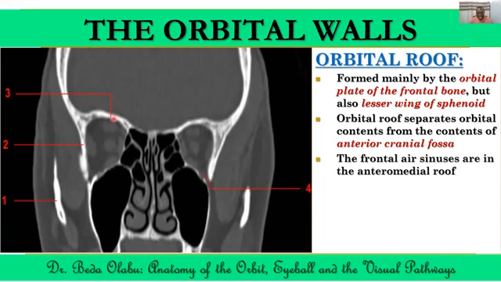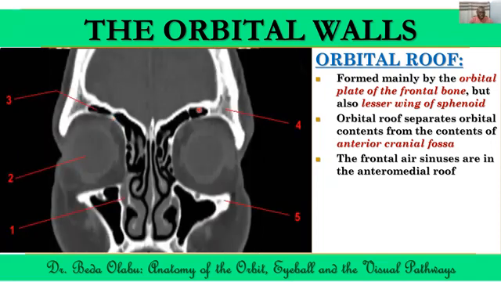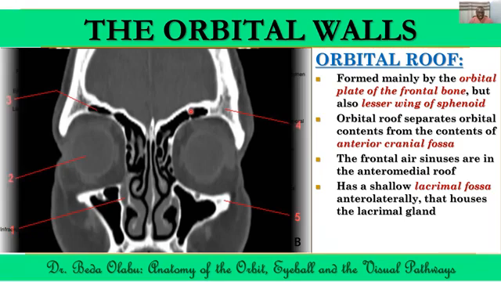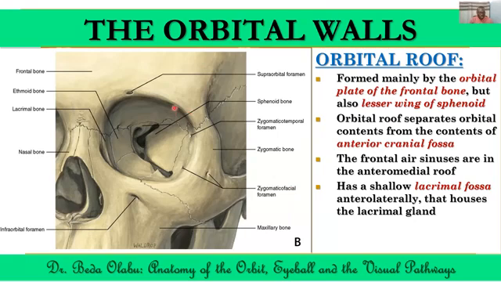A bit anterior, the roof of the orbit is interrupted by the frontal air sinuses. These are the frontal air sinuses. They are anterior and slightly medial, so the roof has paranasal sinuses. Again, coming a bit anterior, and this time laterally, the roof is grooved by the lacrimal gland, and that groove is what we call the lacrimal fossa, found somewhere around there.